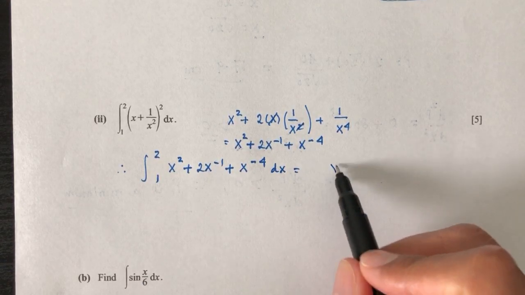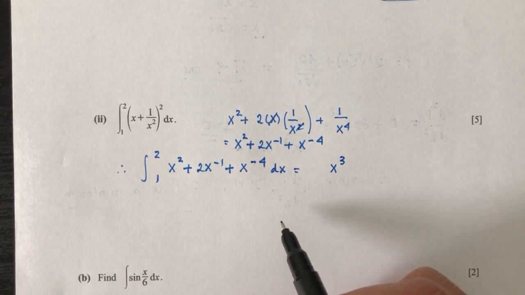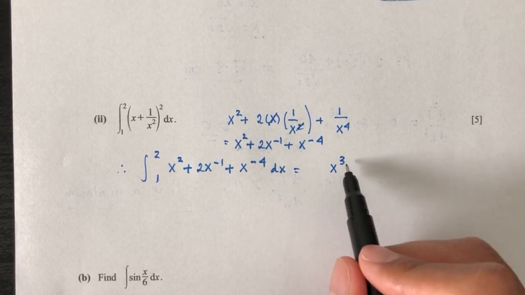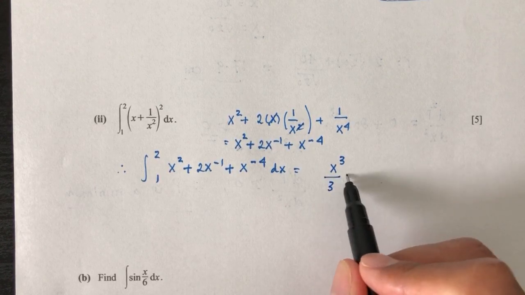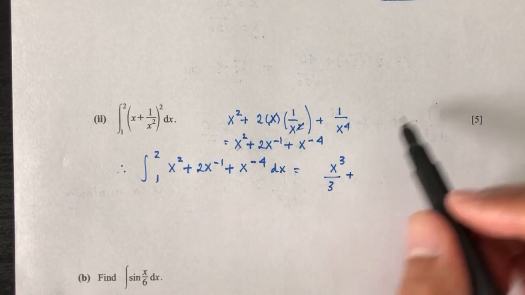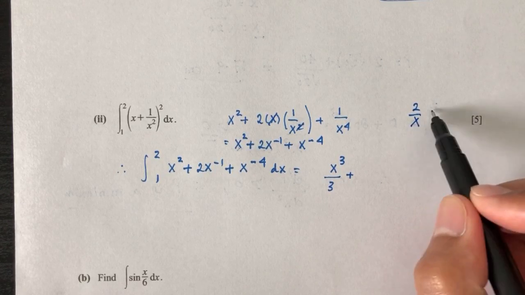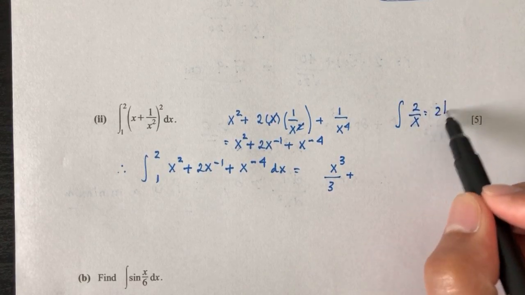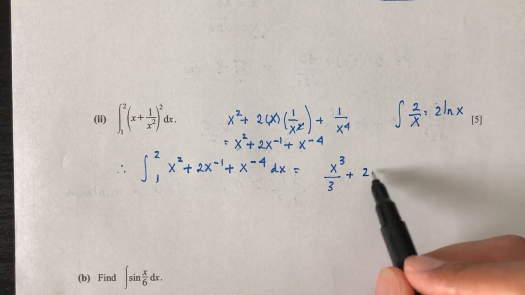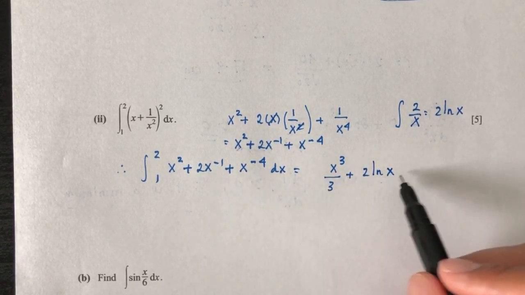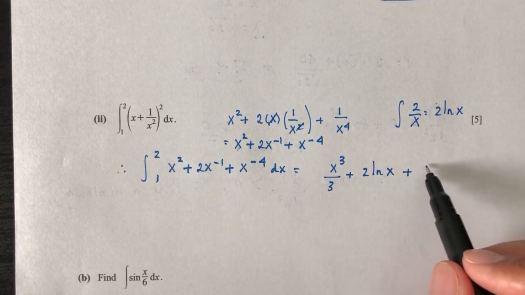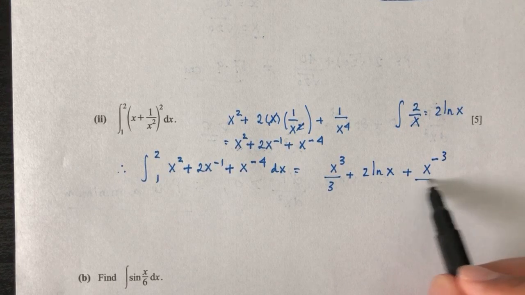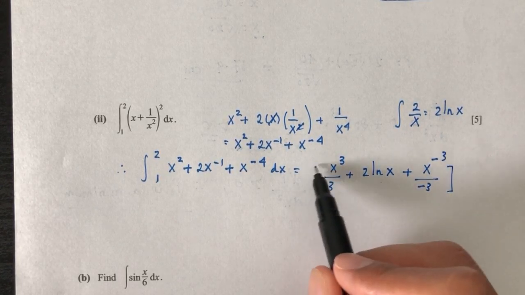So x squared will be x to the power of 3 over 3 plus. When we have 2x to the power of minus 1, it is 2 over x, and integration of this will be 2 ln x, plus x to the power of minus 3 divided by minus 3.